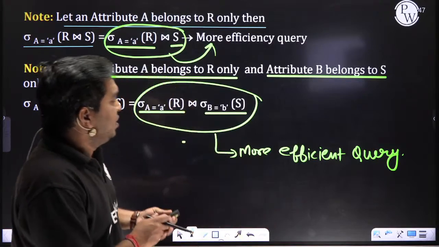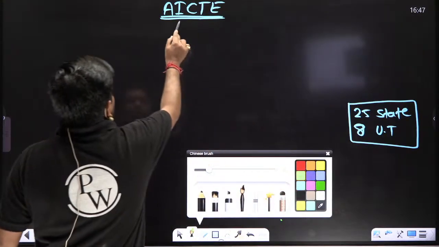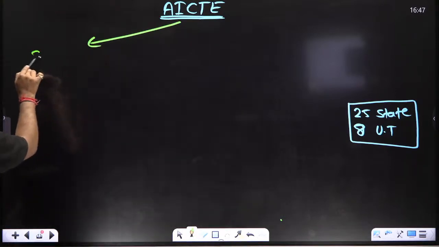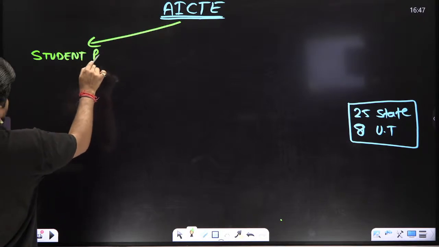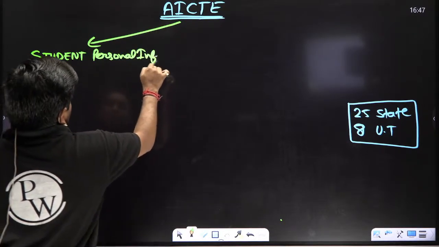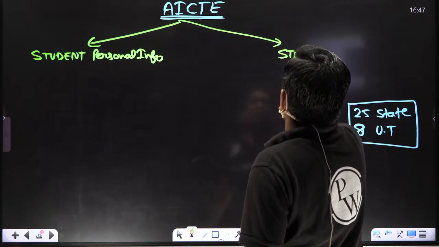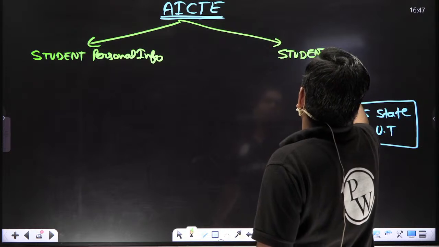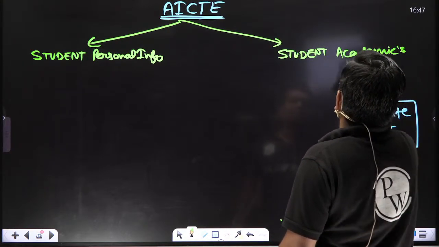Now listen. AICTE maintains two tables. First, student personal info. Second, student academics.